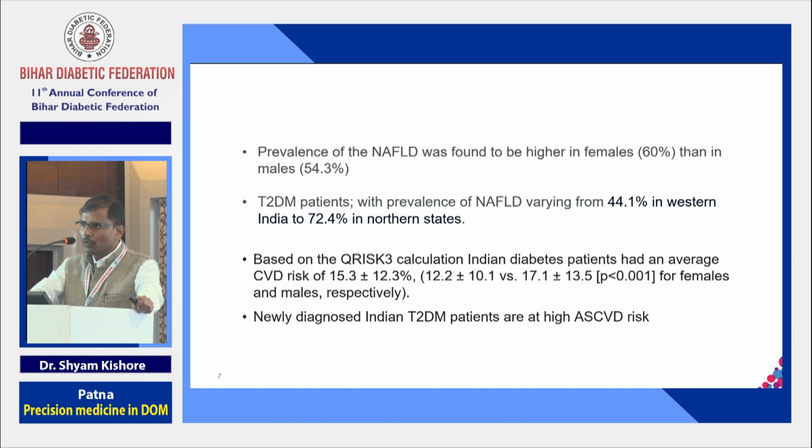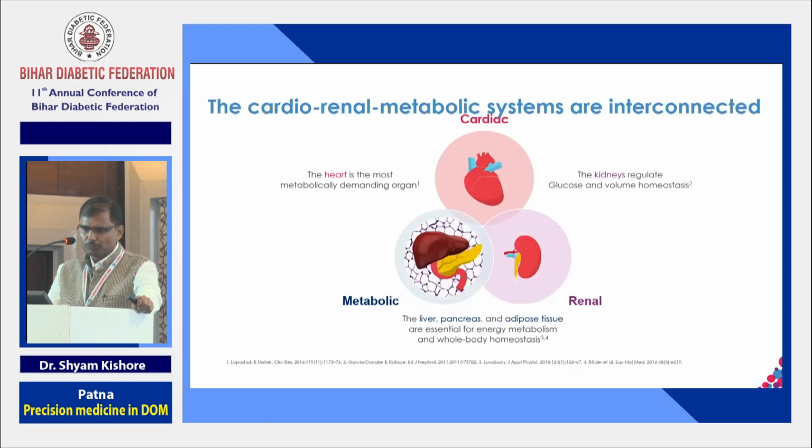So in patients of type 2 diabetes, you are looking for NAFLD, and you have to keep in mind that NAFLD can progress to cirrhosis of the liver and finally liver failure, and that requires liver transplantation. This is one of the metabolic complications you must look for in cases of diabetes.